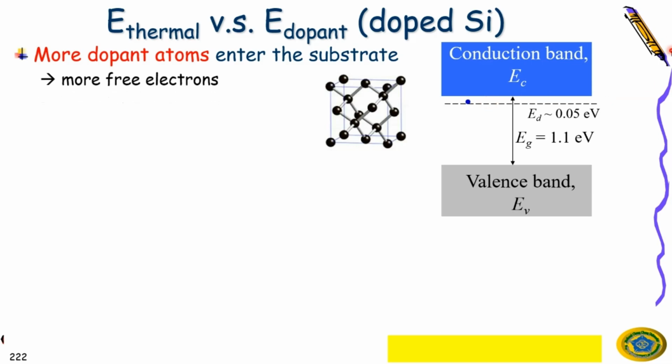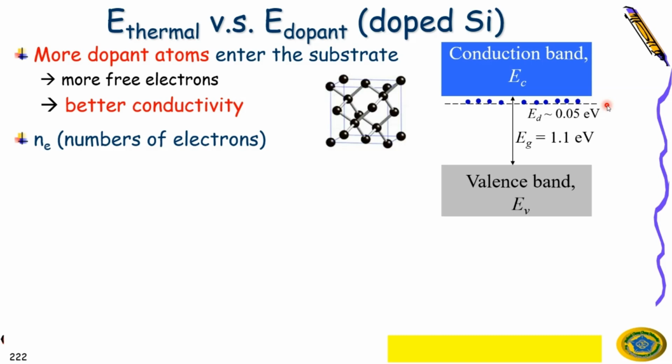So we have more electrons. If you replace more with arsenic, of course you get more free electrons, right? That means you get better conductivity.